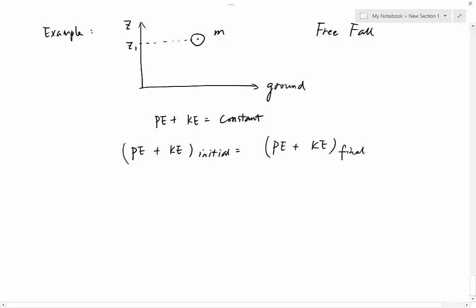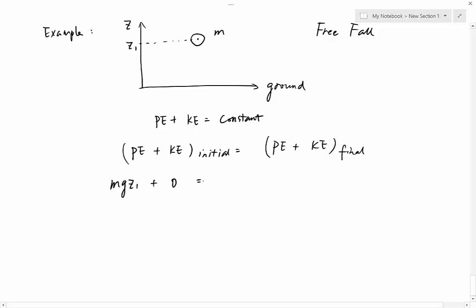Because it's conserved, it must be equal. Alright, so let's do our left-hand side first. What is the initial potential energy? mgz1. And what is our initial kinetic energy? It must be 0, because initially the velocity of this object is 0. It's not moving, so the initial kinetic energy must be 0.